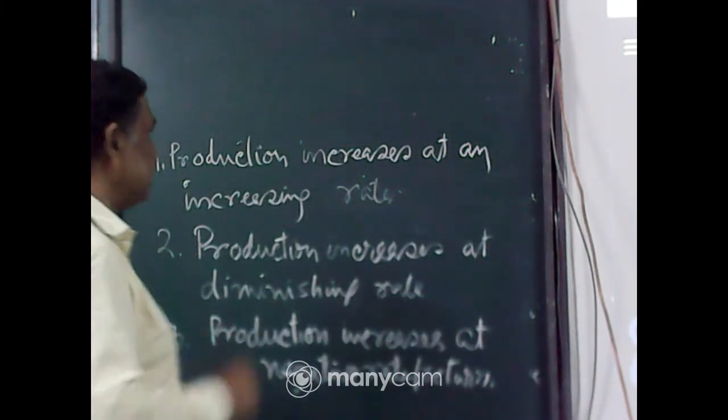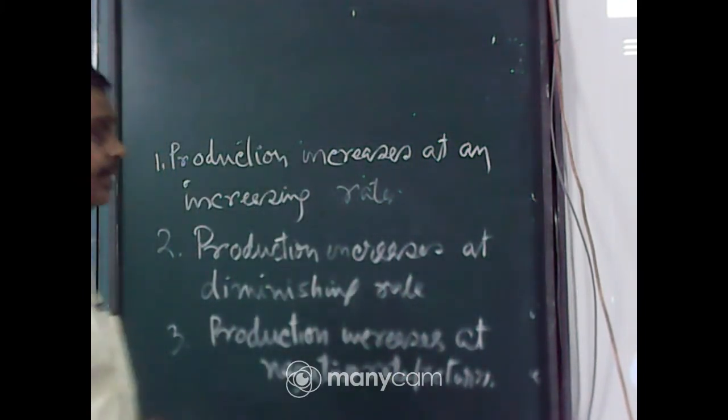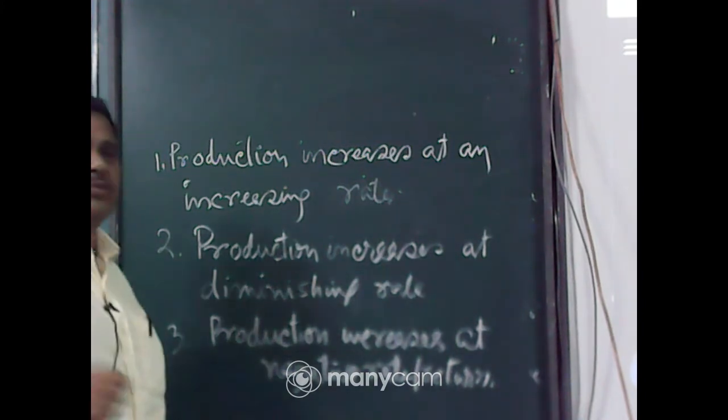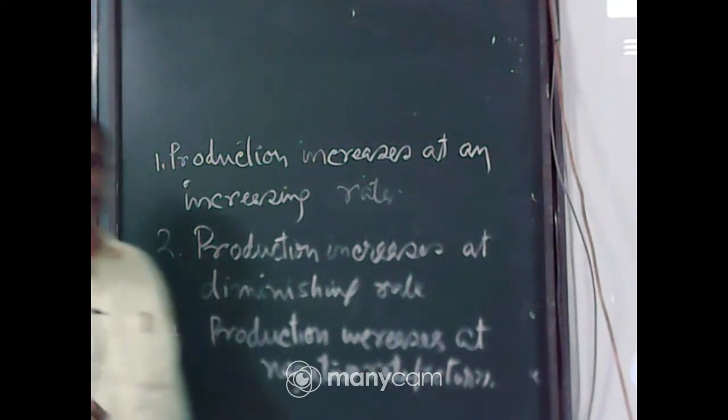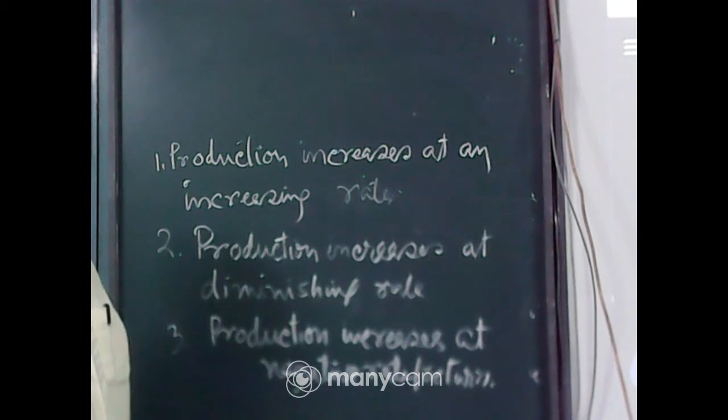It happens because in the first phase of production, the production increases due to several reasons, like you get the fuller utilization of the variable as well as fixed factor.